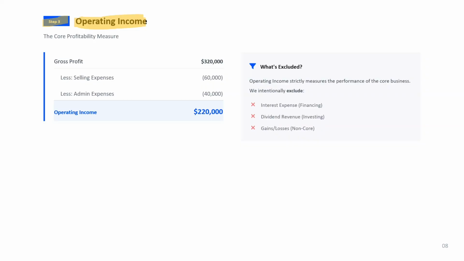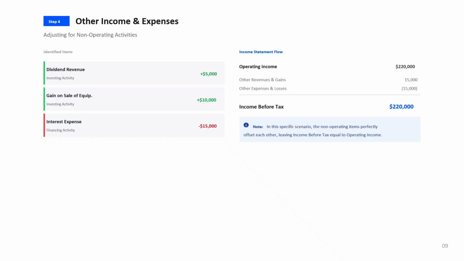Now, since we know the operating income, we are ready to incorporate those non-core items. Now we move to step 4, where we account for all non-operating items we previously set aside. These are the parallel activities: investing income like dividend revenue and gain on sale, and financing costs like interest expense, all of those you can see here.